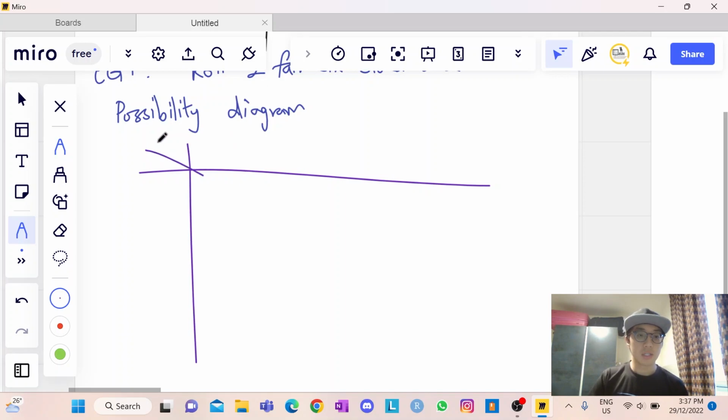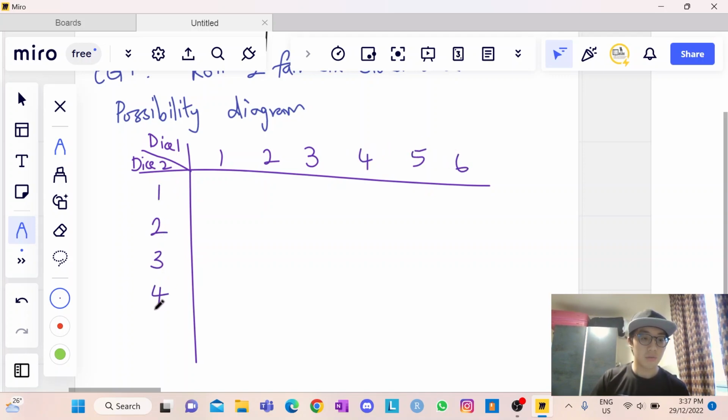This is dice number 1 and this is dice number 2. We write down 1 2 3 4 5 6 and 1 2 3 4 5 6 right down here.